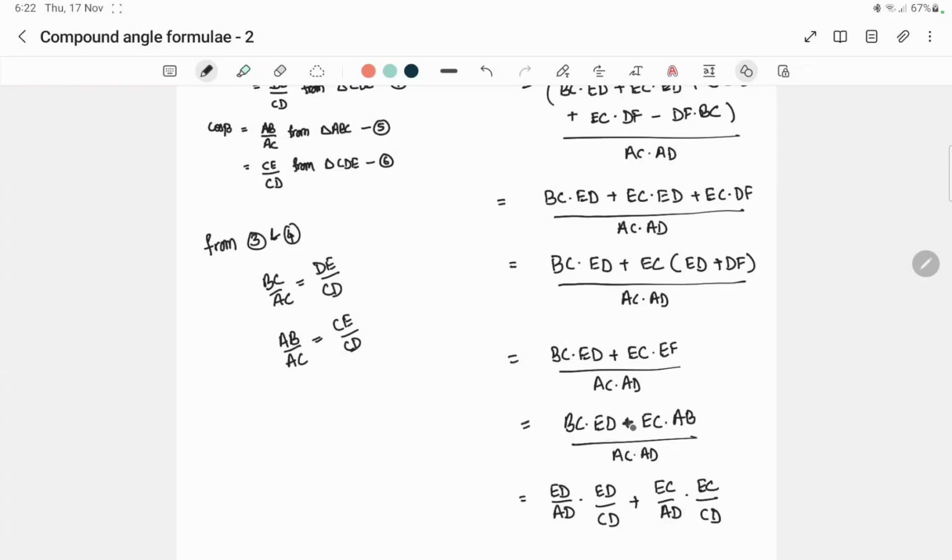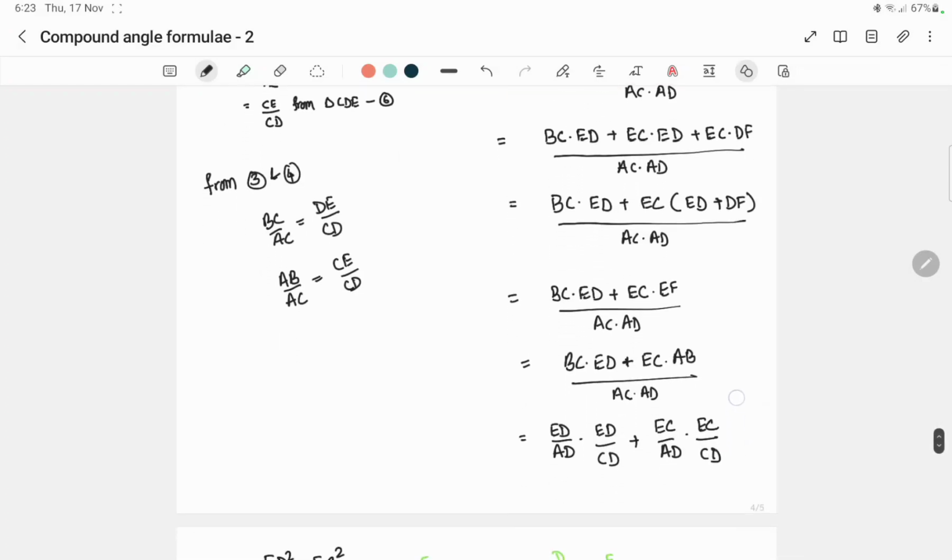Nothing, right? So I'm going to substitute BC by AC by DE by CD, and similarly AB by AC as CE by CD. Okay, here we have it.